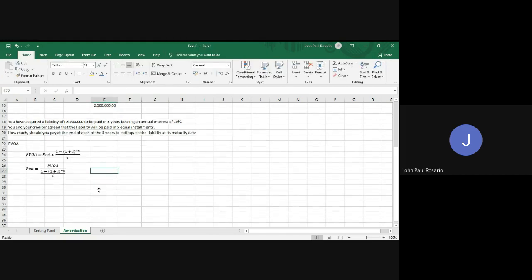For this equation, we could also express it in this manner, again just like what we did with the sinking fund. So we invert this portion.